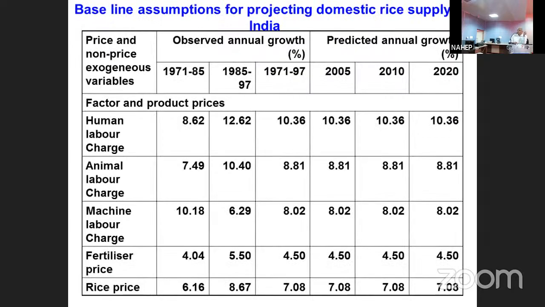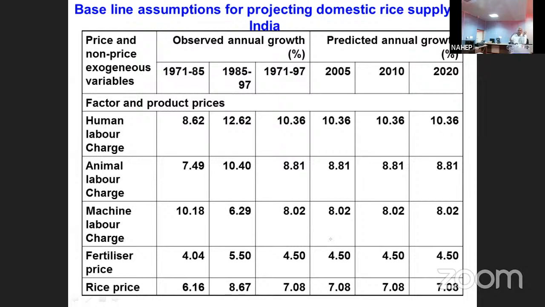So the question comes, how to make the assumption on the exogenous variables. Past data we know, and future data we can assume what we feel best with the help of experts, and with the help of your own knowledge also. Just like we say, okay, animal labor charges will increase at the same rate, human labor will increase at the same rate in future by 2020.